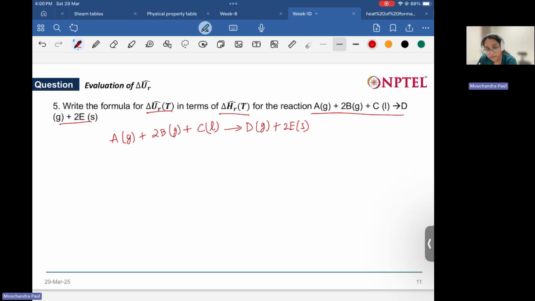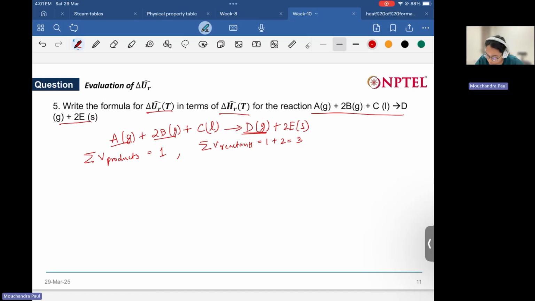So first we have to calculate the stoichiometric coefficient of the gaseous products and the reactants. For the gaseous products, only one product is in gaseous state, so it will be 1. What about the reactants? There are 2 substances which are in gaseous state, so 1 plus 2, 3.